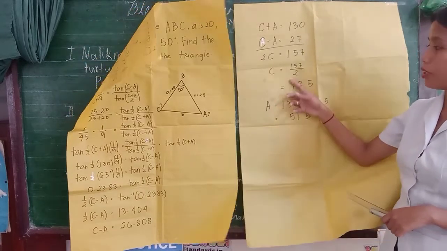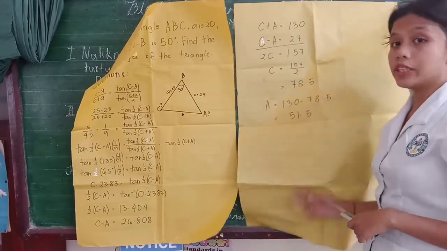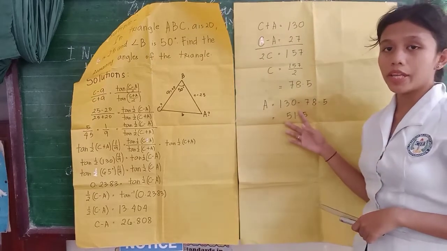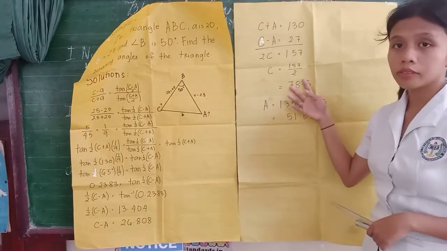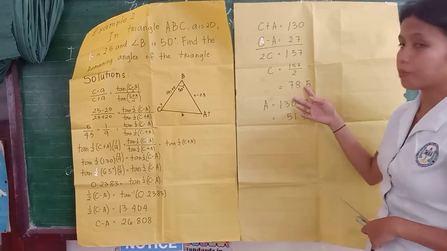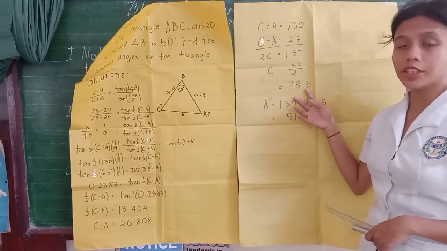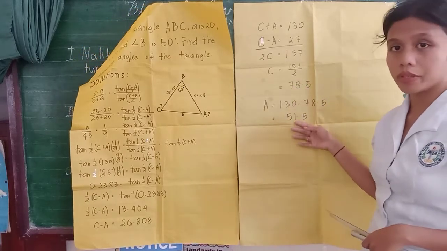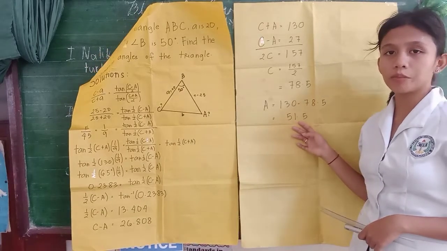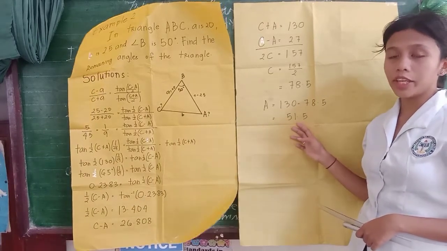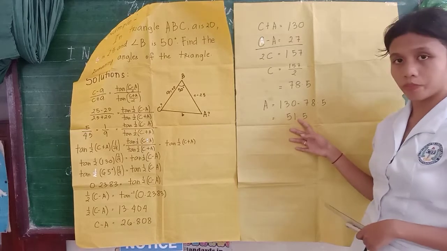So it will be 78.5. Because C is 78.5, A equals 130 minus 78.5. The answer is 51.5. Rounding these values to whole numbers, we will get C equals 78 and A equals 52.